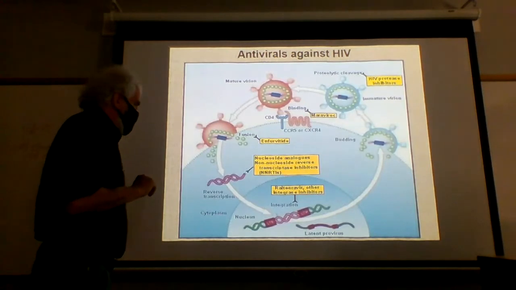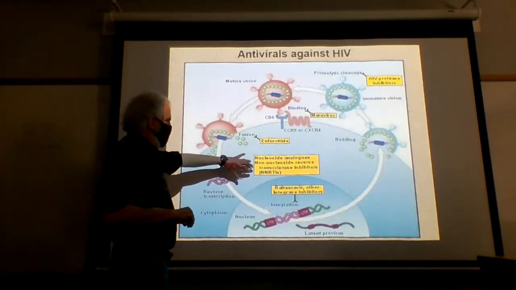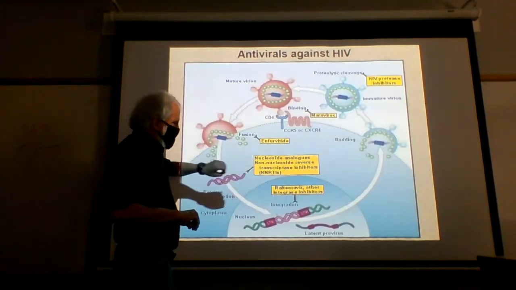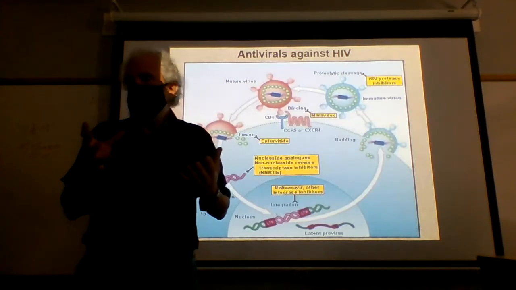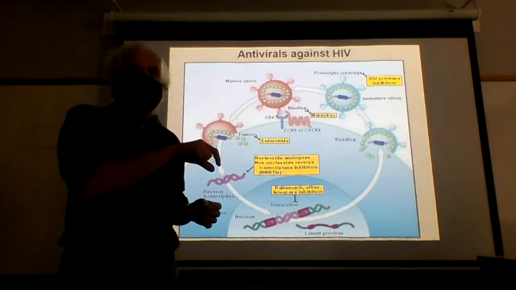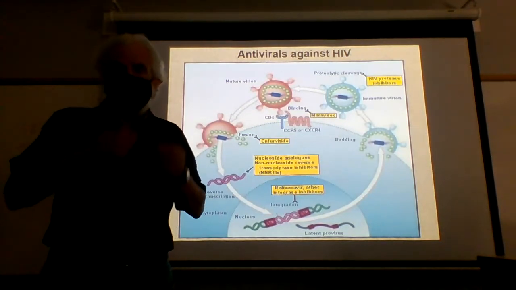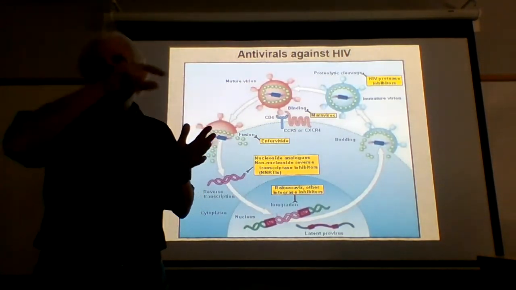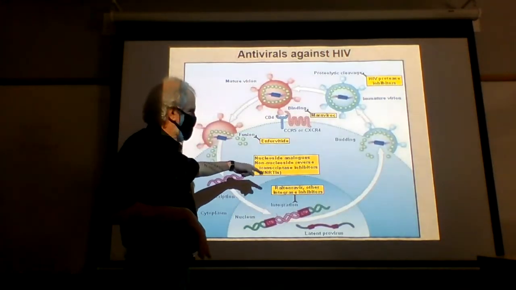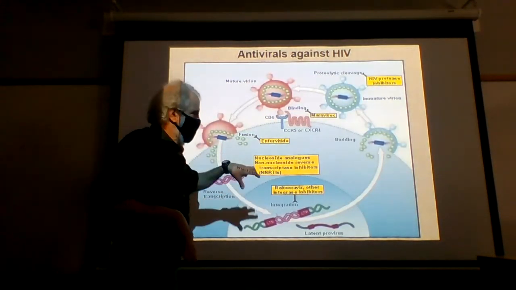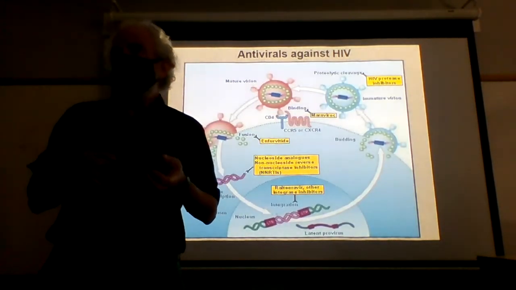Another thing that you can do is have a nucleotide that looks like a standard nucleotide, but is missing one of the hydroxyl groups to allow for the DNA to continue to be polymerized, and the enzyme reverse transcriptase ends up actually being less careful about what nucleotides it picks up.